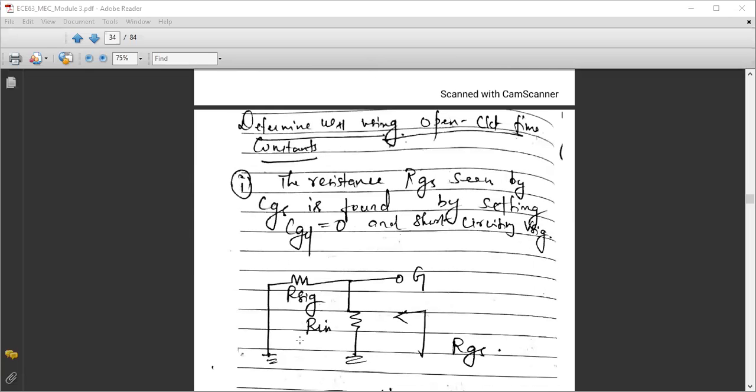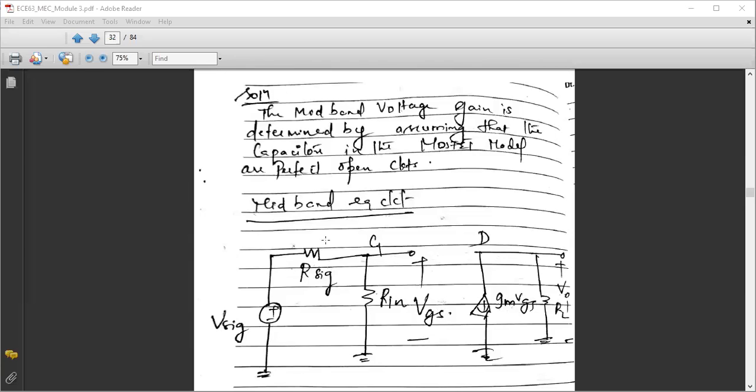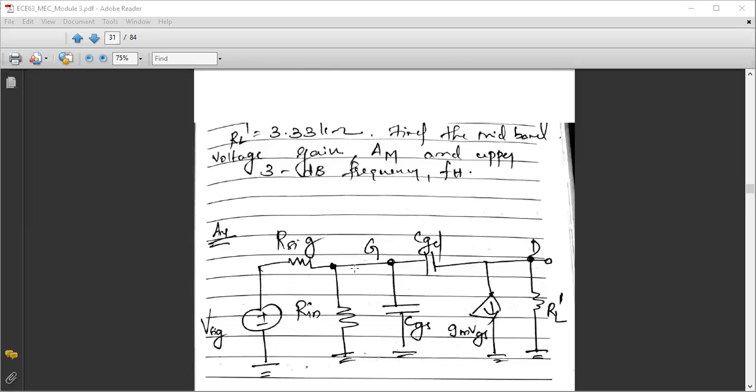In this method, we take each and every capacitance one at a time, and looking into that considered capacitance, whatever resistance we find, that is our equivalent resistance. Now we multiply that equivalent resistance with the capacitance to get the time constant. First we take the CGS. CGS is nothing but this particular capacitance.